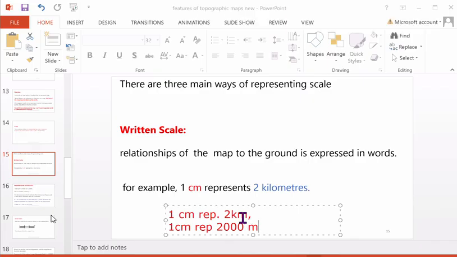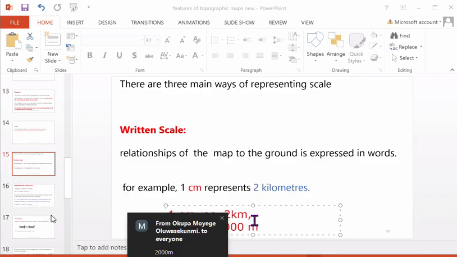So I first converted this kilometer to a smaller unit, meters. Somebody has given me the answer. Good, I like that. 2,000 meters.